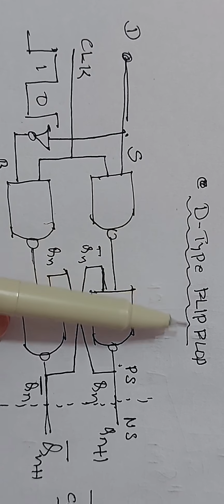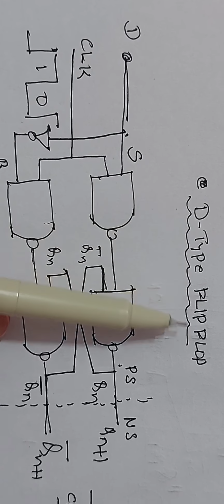This D-type flip-flop is derived from SR flip-flop. This is a simple circuit of D-type flip-flop. And we know that in SR flip-flop, if S is 0, R should be 1, then it is reset. If S is equal to 1, R is equal to 0, then we say that the flip-flop is set.